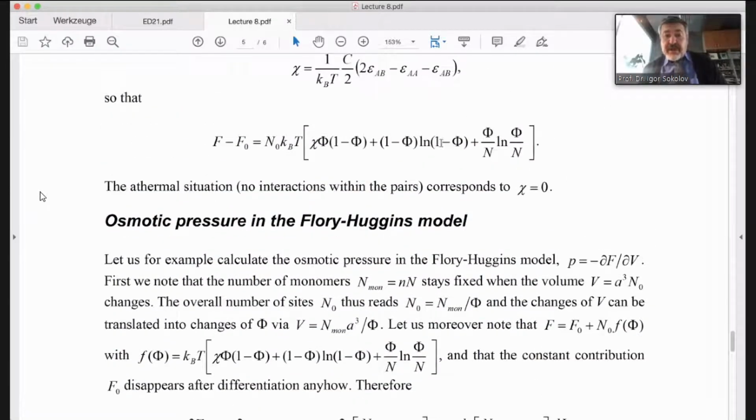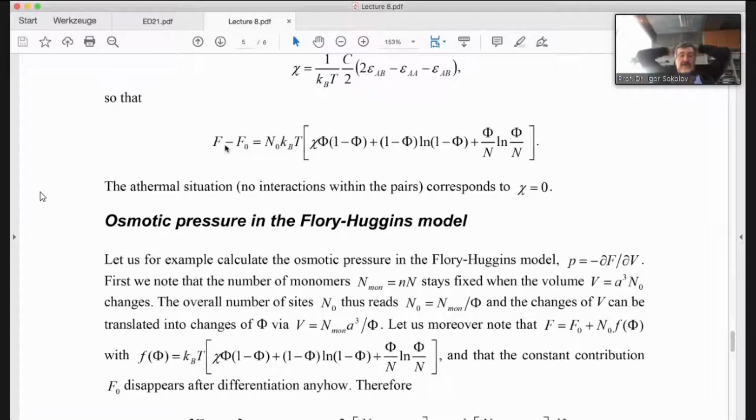I do not play with this form. I take this form as it is. It is not the free energy in its natural variable, which is volume. It is a free energy as a function of volume expressed via an alternative variable phi.